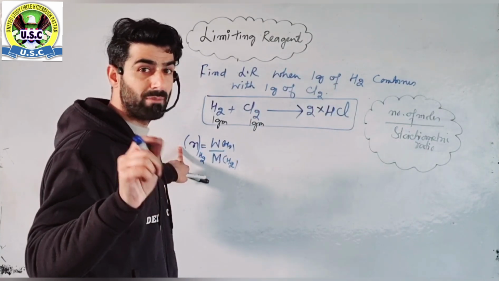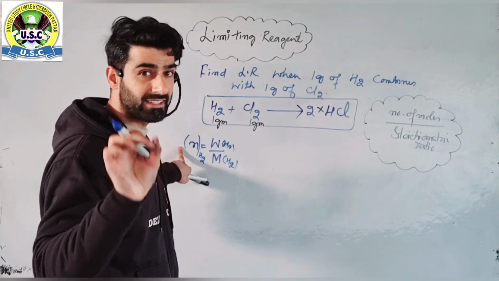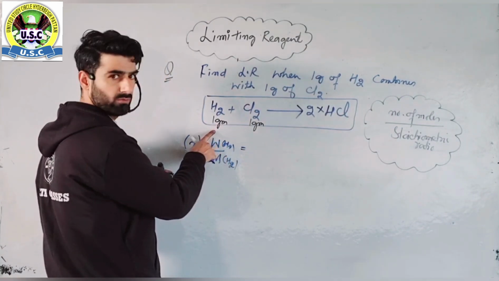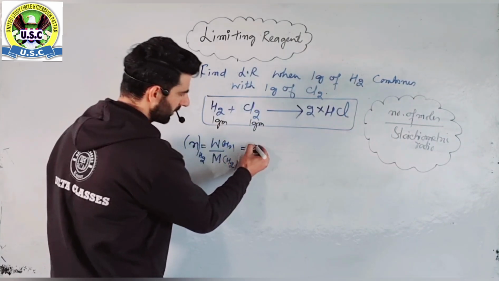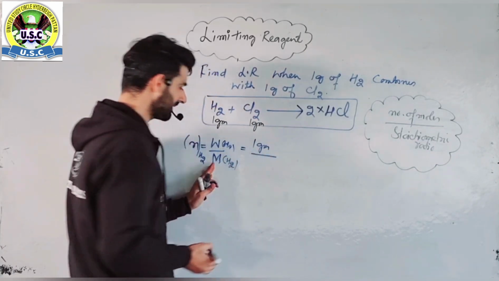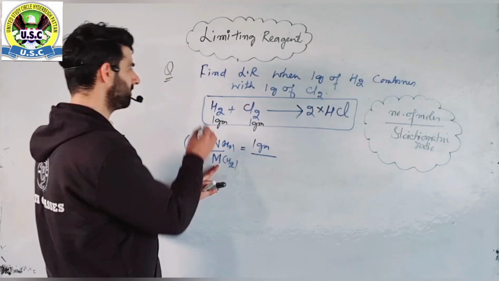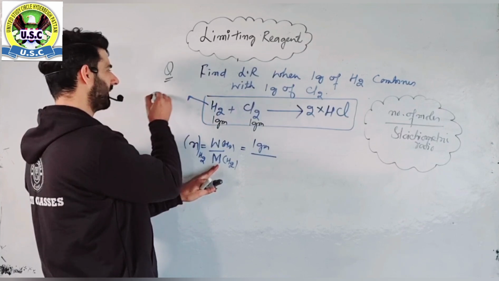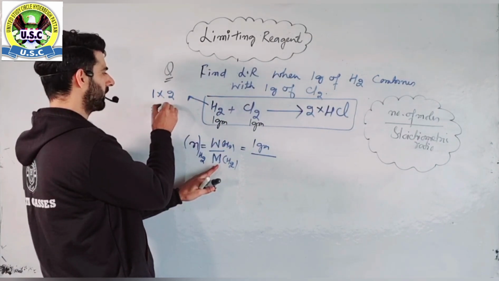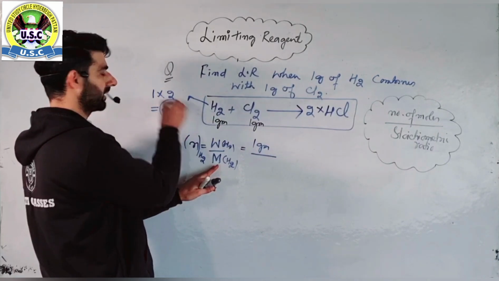You must know the molar mass of each and every element. Now, the given mass of H2 is 1 gram. Next, what's the molar mass of H2? Simply multiply the atomic mass by the atomicity, which is 2; 2 ones are 2, so we get the molar mass of 2 grams.